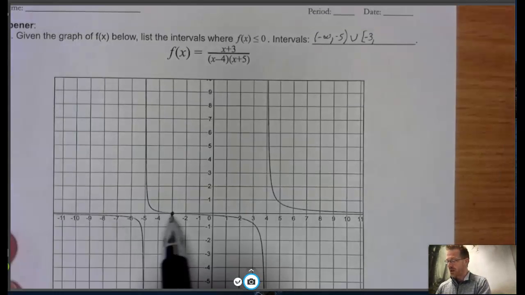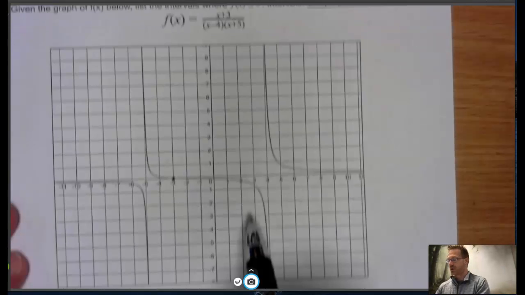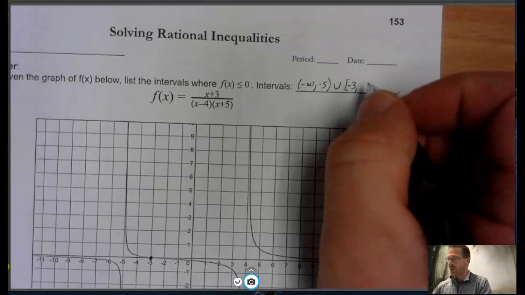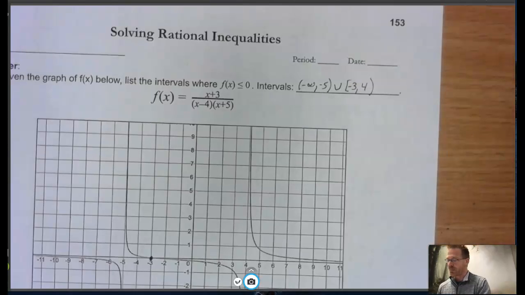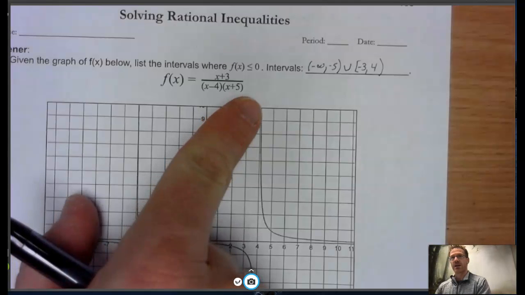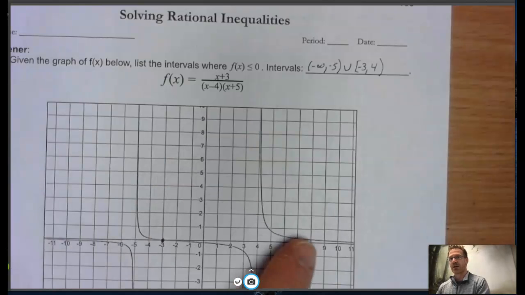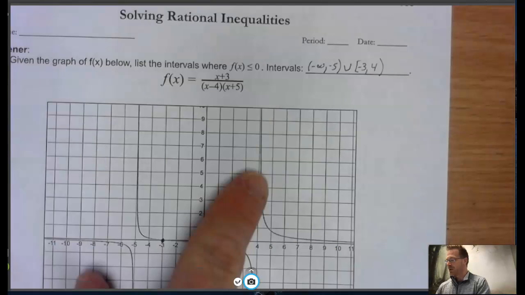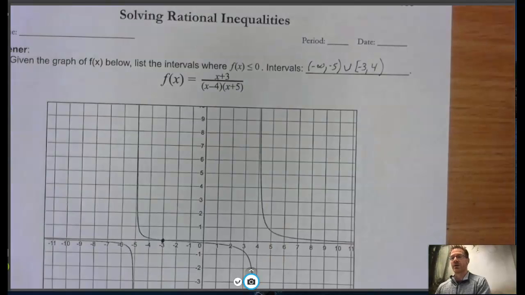And then for the rest of this interval, all the way to 4, notice it gets really close to this vertical asymptote, but once again, it doesn't touch it. And then on the right-hand side of x equals 4, we can see this part of the graph is above our x-axis the entire time. So we don't get any more intervals where it would be less than or equal to 0.